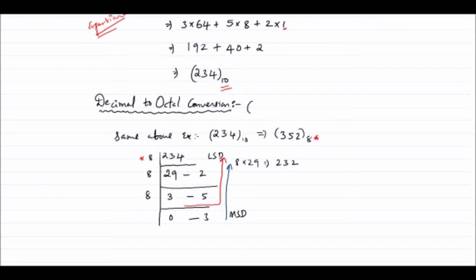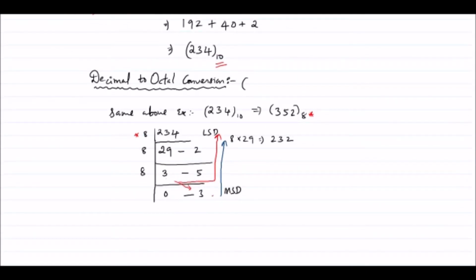If I divide, 8 times 29 is 232, which leaves a remainder of 2. Then 8 times 3 is 24, and we have a remainder of 5. Then the quotient 3 is divided again, giving 0 with remainder 3. For this division method, we learned in the previous video that we need to write from bottom to top, so we read the numbers upwards.